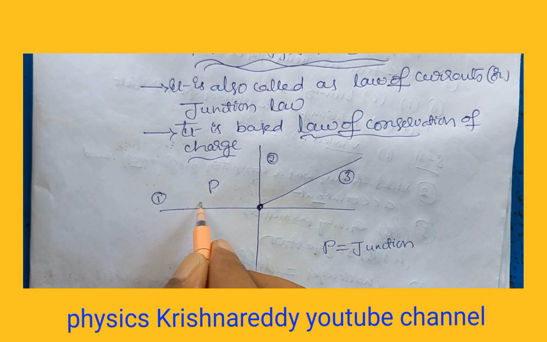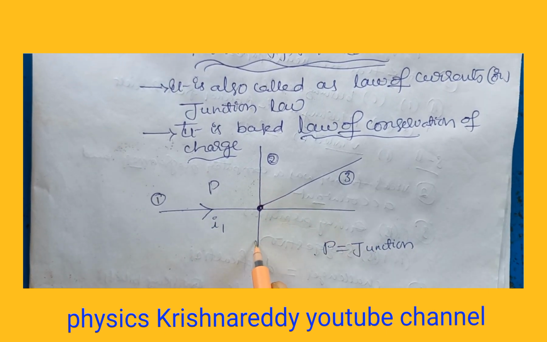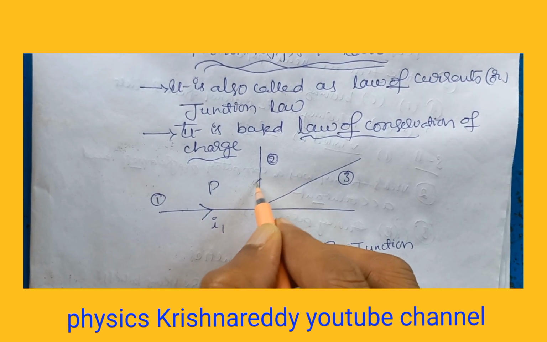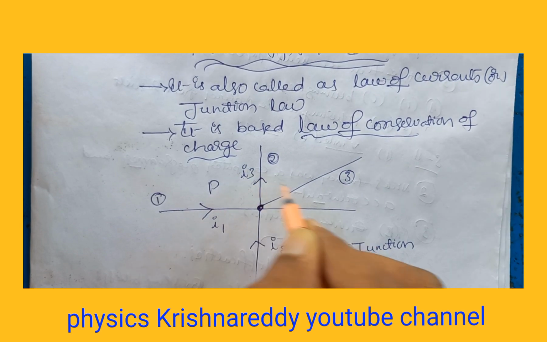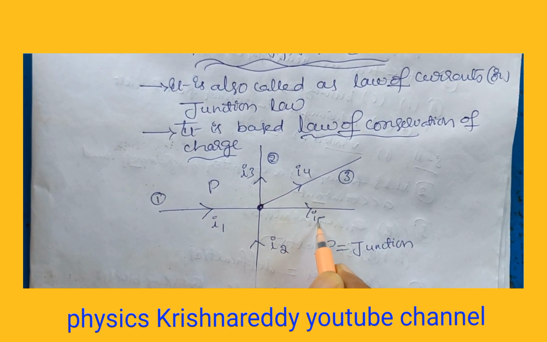Now the current passing through wire 1 is I1. The current passing through wire 2 is I2. The current passing through this one is I3, this is I4, this is I5.